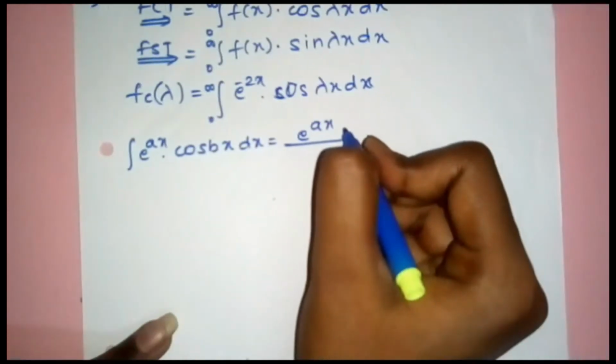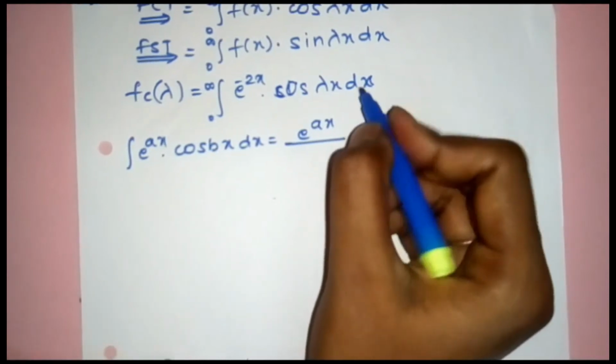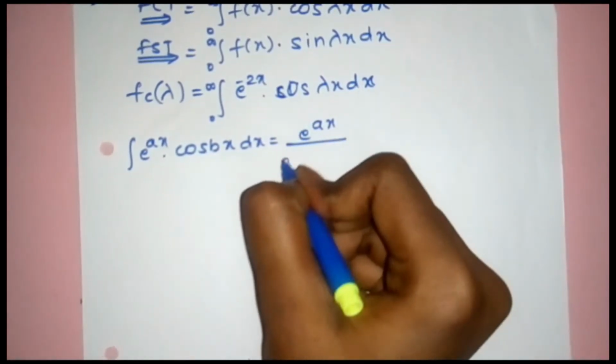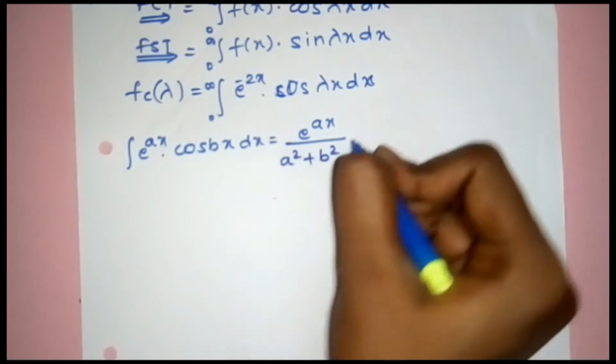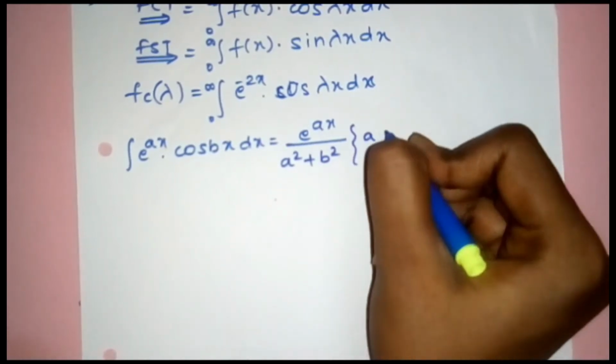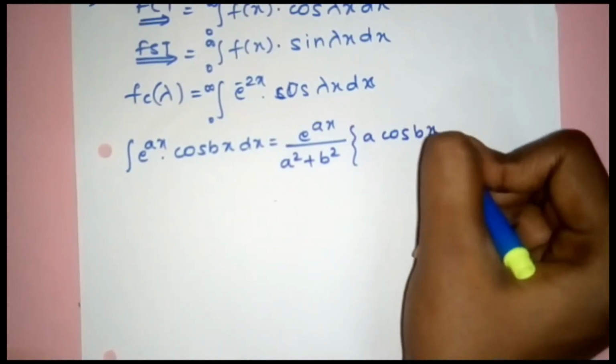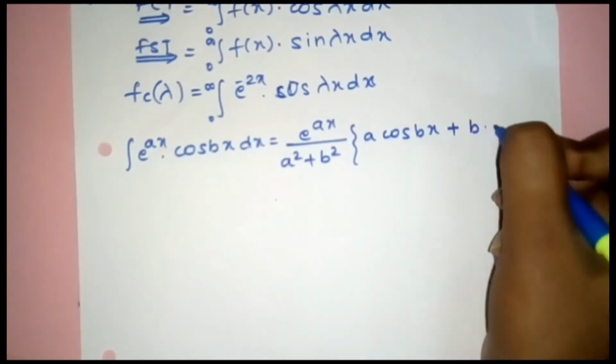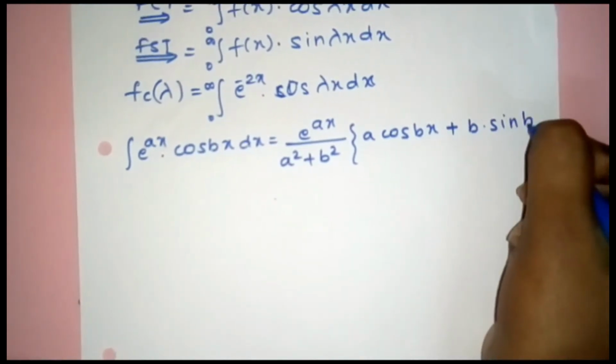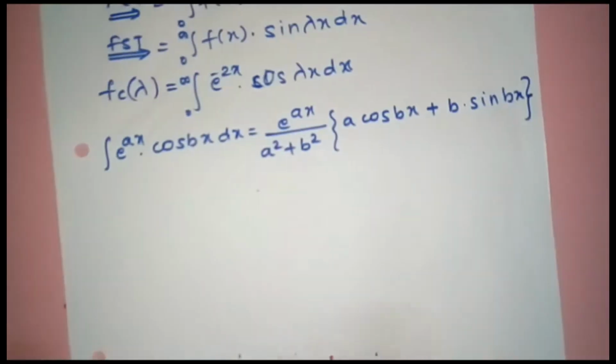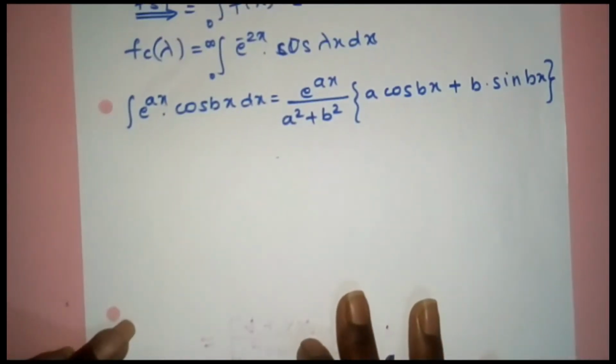All these formulas I have discussed in detail in the previous video, so please check out. So it is a square plus b square into a into cos bx plus b into sine bx. So now we can put all the values in this sum.